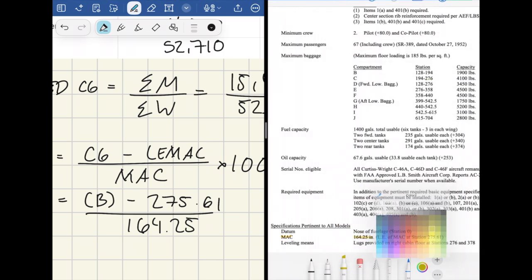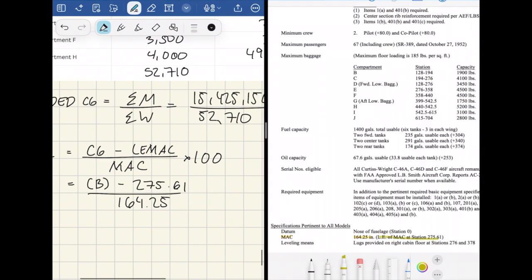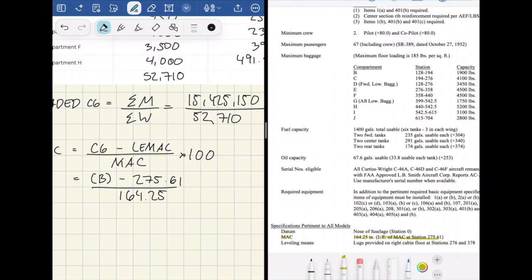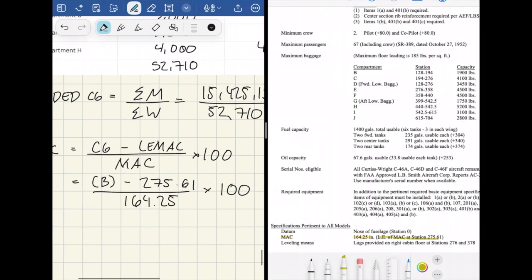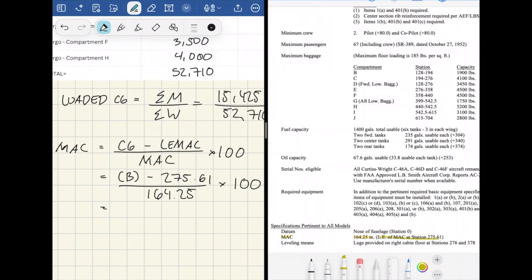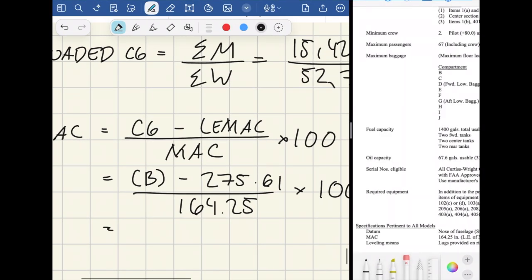So, our LEMAC is going to be 275.61. So, again, so continue lang tayo sa formula times 100. Now, let us solve. So, our percentage MAC answer is 10.36944517%.